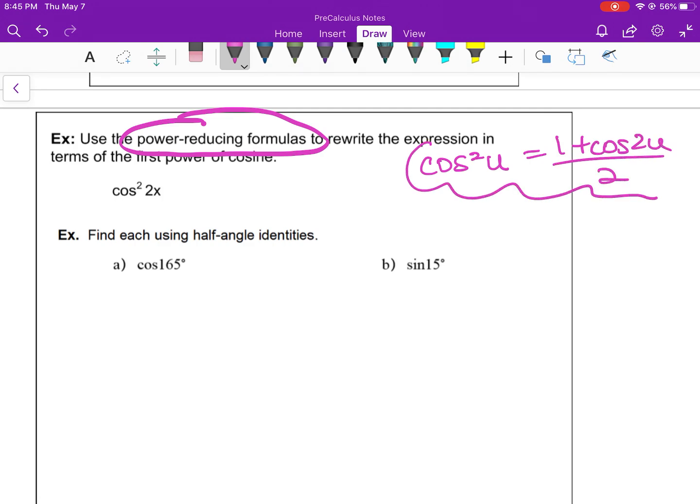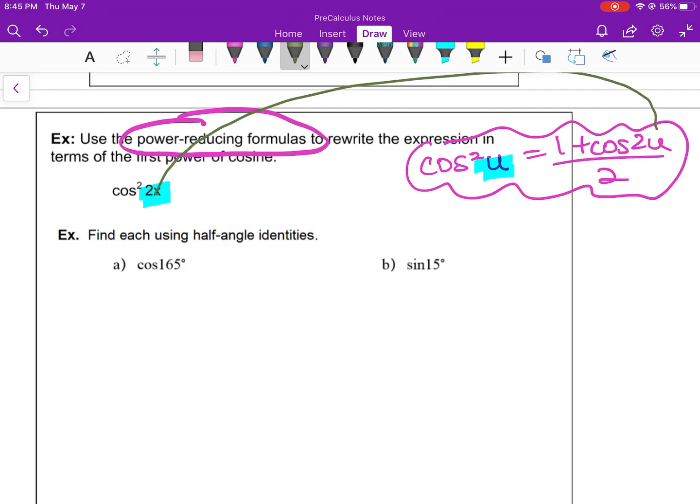So that's the formula from my sheet. My u is represented by 2x. So wherever I see 2x, I'm going to pop it in right there. And that's all there is to it.